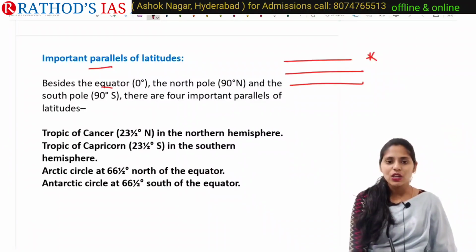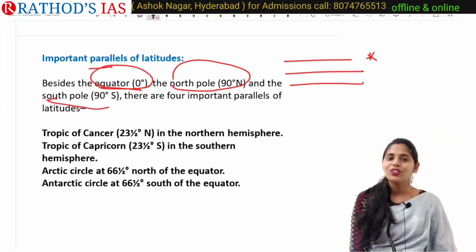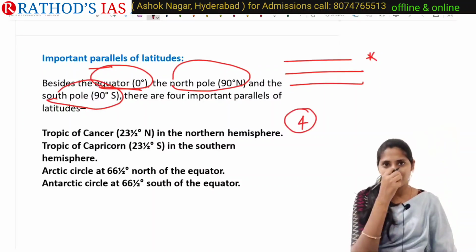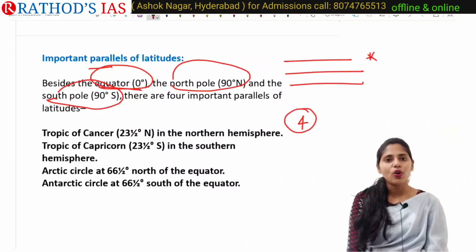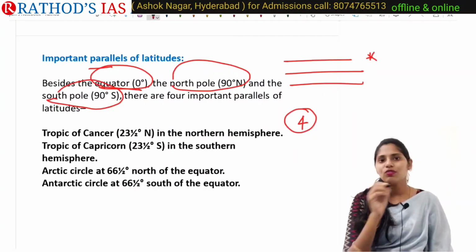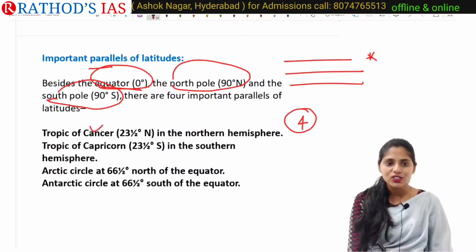Besides the equator at 0 degrees latitude, we have 90 degrees north, the North Pole, and 90 degrees south, the South Pole. Apart from that, you need to remember 4 important parallels. That is our Tropic of Cancer. In an earlier lecture we studied that sun rays fall directly on the Tropic of Cancer in the summer solstice.